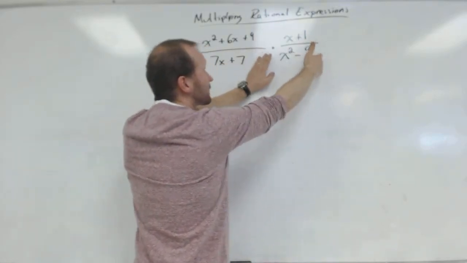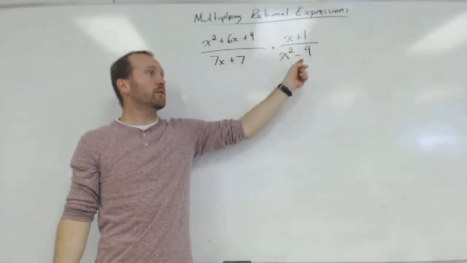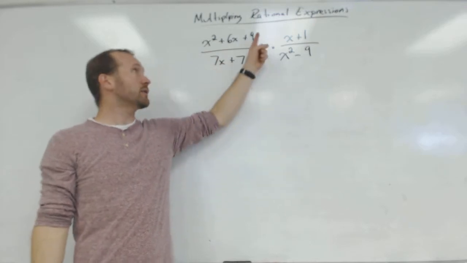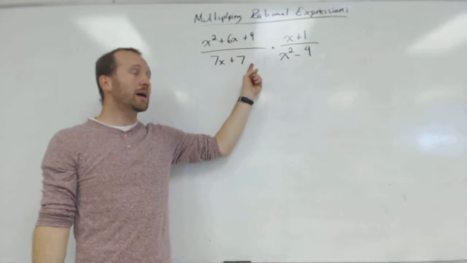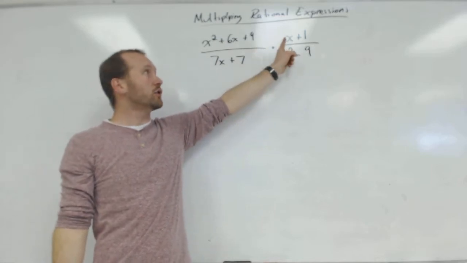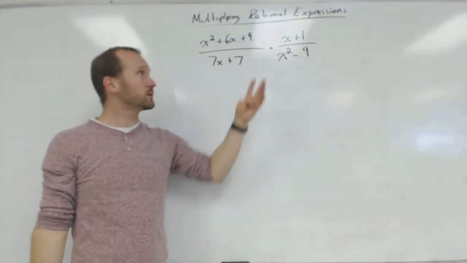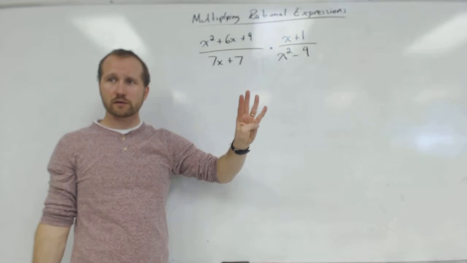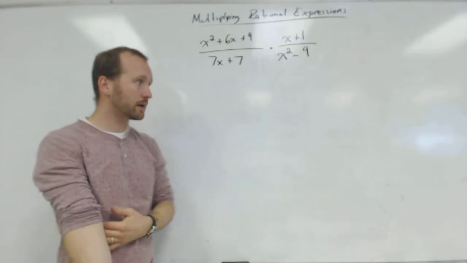Now I've got two fractions. So I have a total of 4 things that I'm looking to factor: the numerator and denominator in the first fraction, and the numerator and denominator in the second fraction. So 4 different factoring problems. Then I cancel, then I combine.